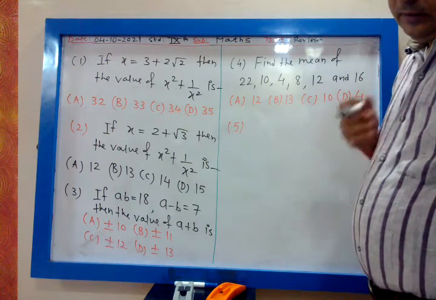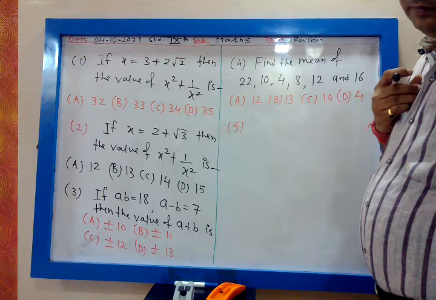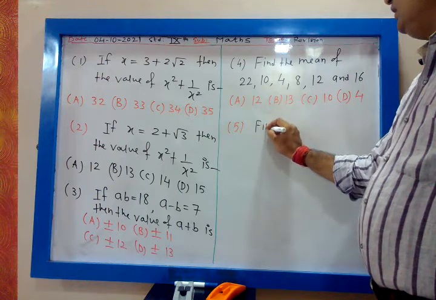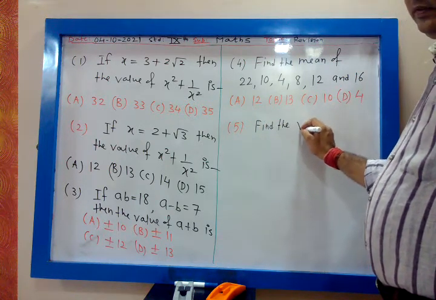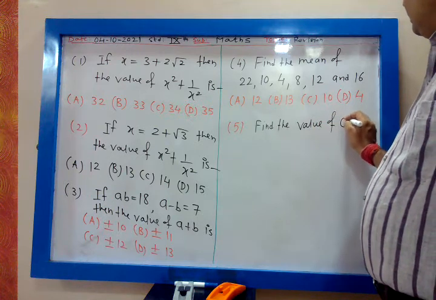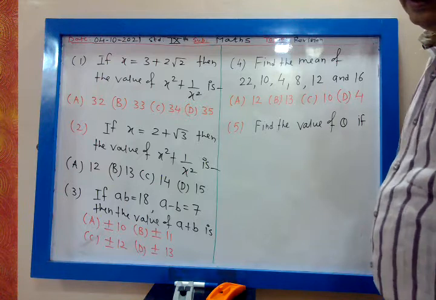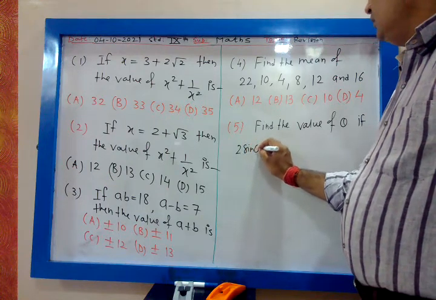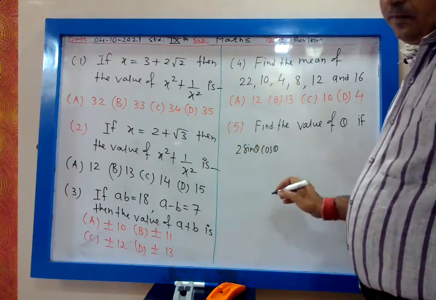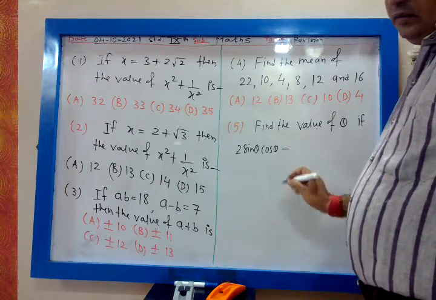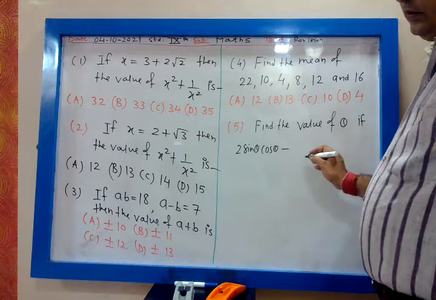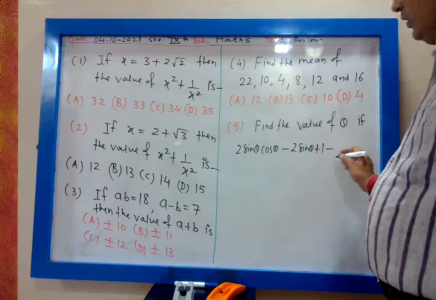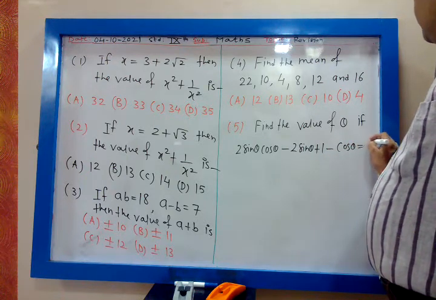Fifth one. Find the value of theta if 2 sin theta cos theta minus 2 sin theta plus 1 minus cos theta is equal to 0.